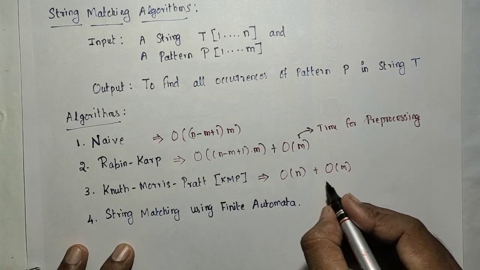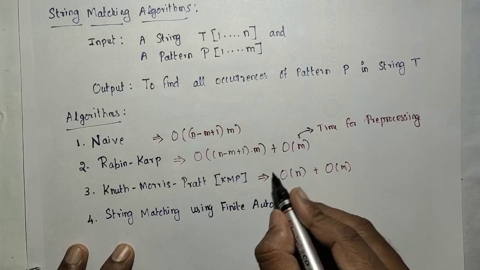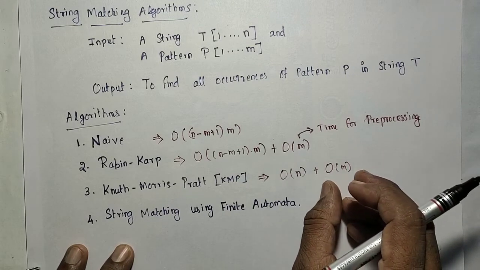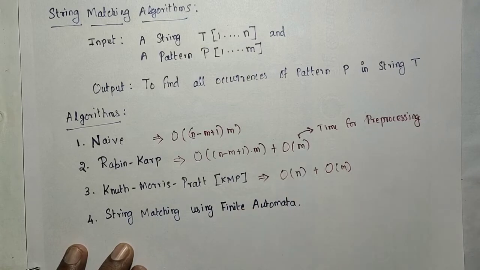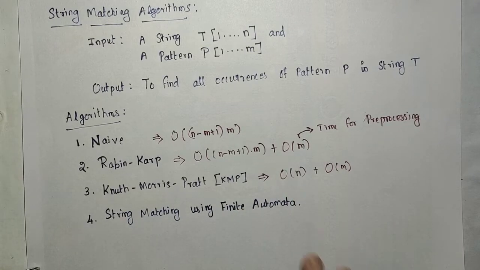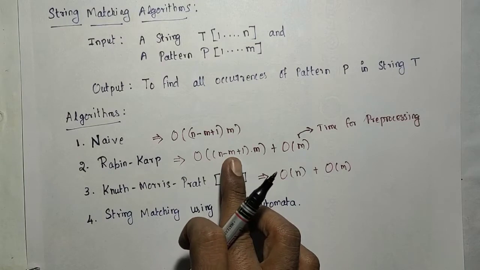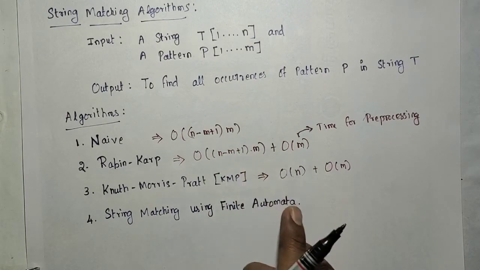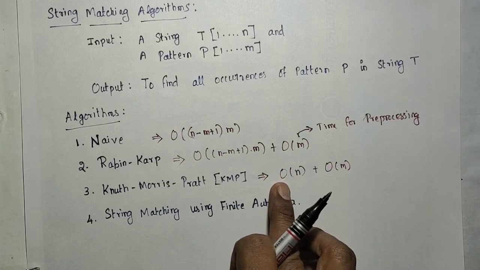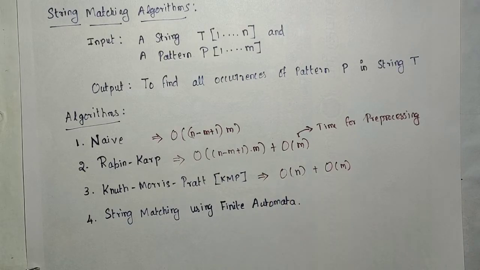Again, O of m is for the pre-processing. If you do this pre-processing, we will find the pattern in O of n itself, only n comparisons. Compare that to (n minus m plus 1) into m, which is nearly n into m. Here it is an O of n algorithm.